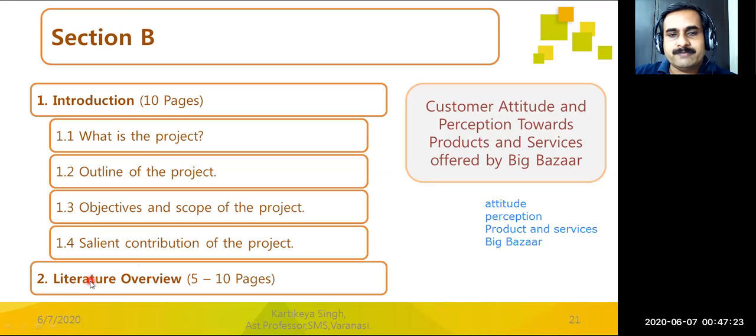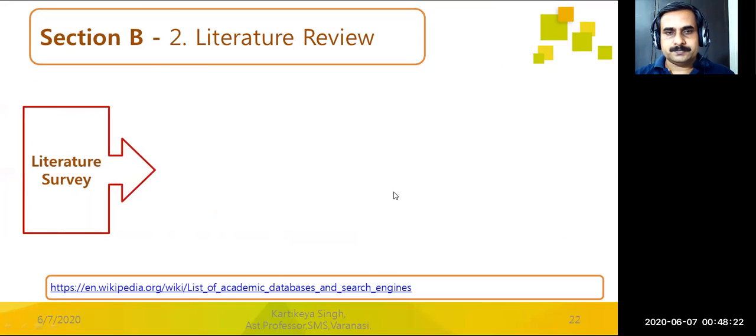And moving further, we are going to do an extensive literature survey. If you really want to do some genuine research, you will have to follow this structure or process. First, you are expected to do a literature survey of whatever literature sources are available pertaining to your research topic or title of the project.